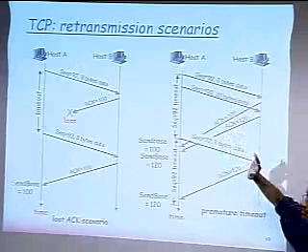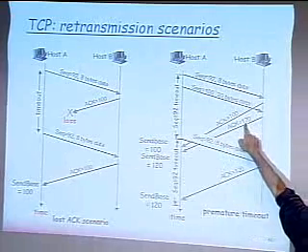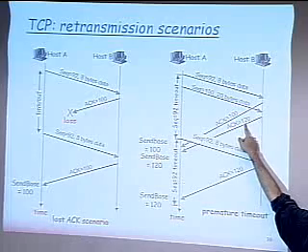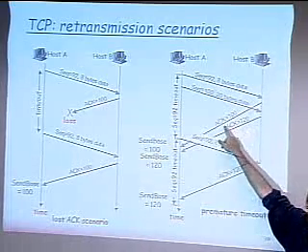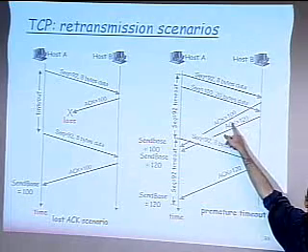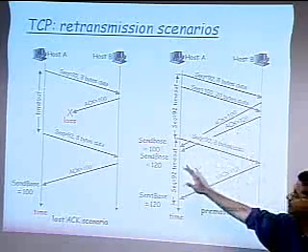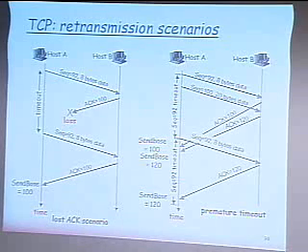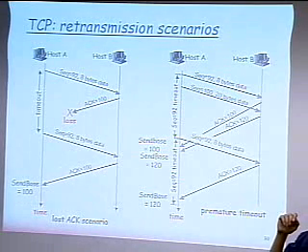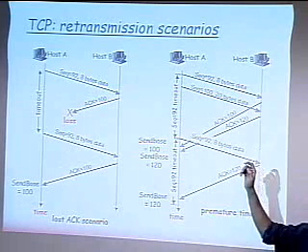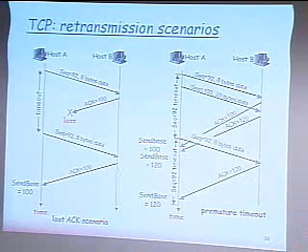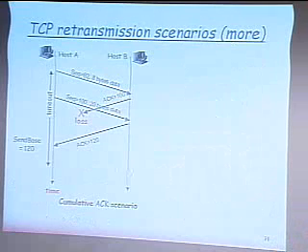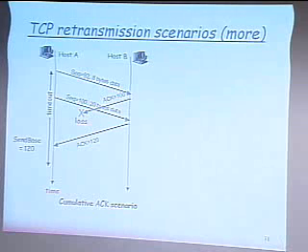This ACK says that I've received everything until byte number 119, and I'm expecting byte 120. This ACK was simply saying I've received everything until byte number 99. Once this ACK arrives, the sender knows that the receiver has received everything up to byte 119. So TCP is somewhat robust to the loss of acknowledgement segments. Now these are pure ACKs, not piggyback ACKs. This is explaining that scenario.